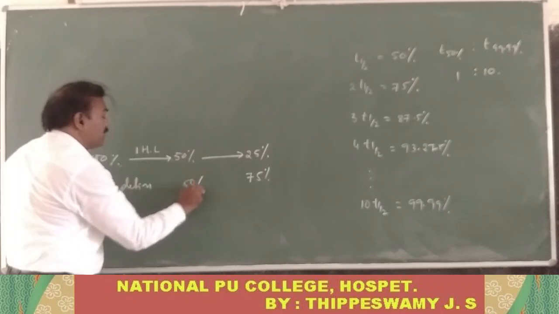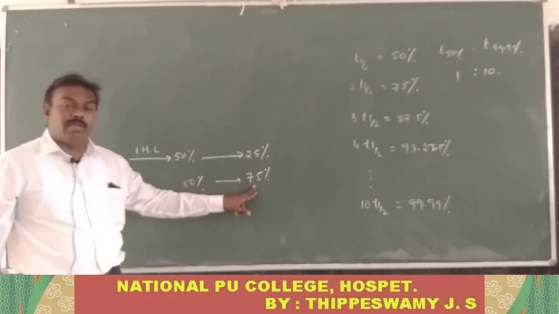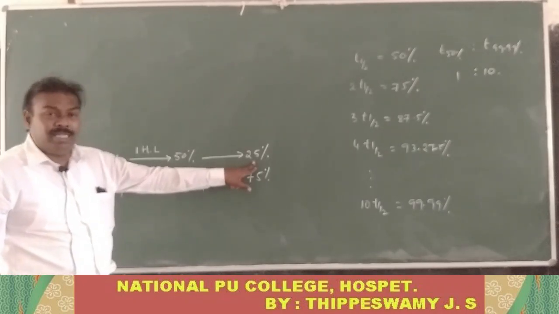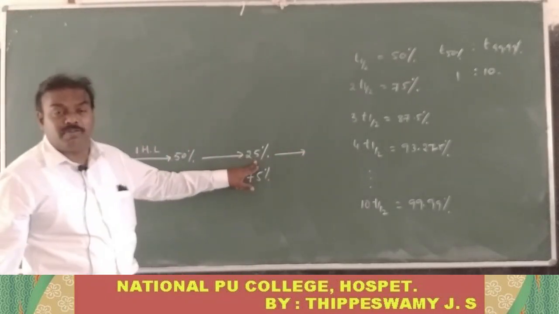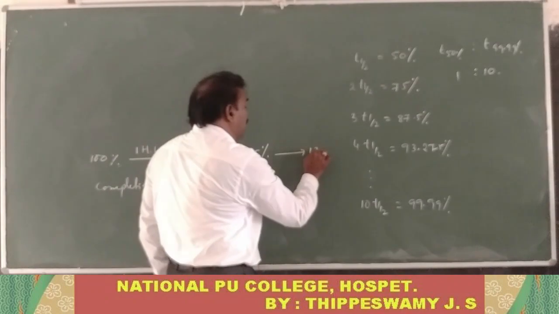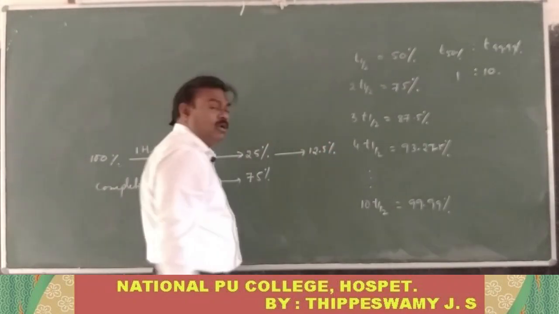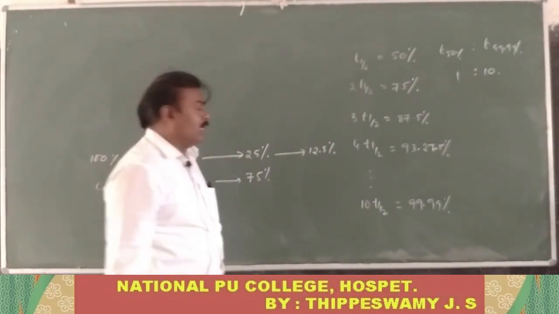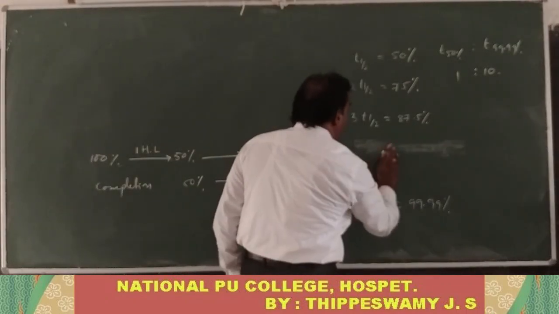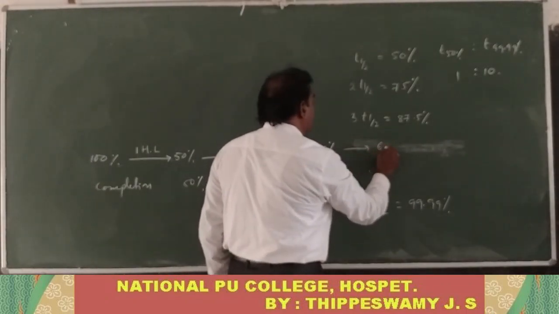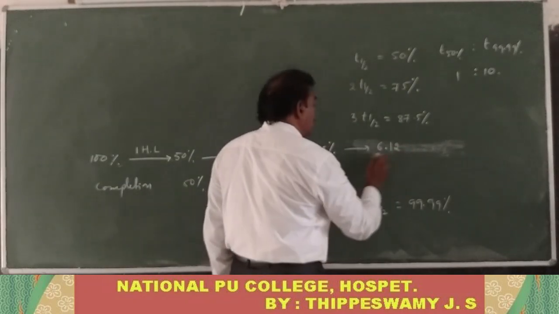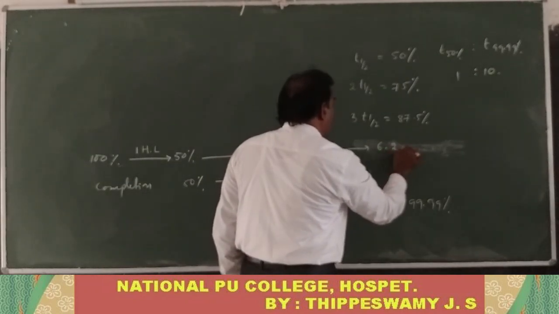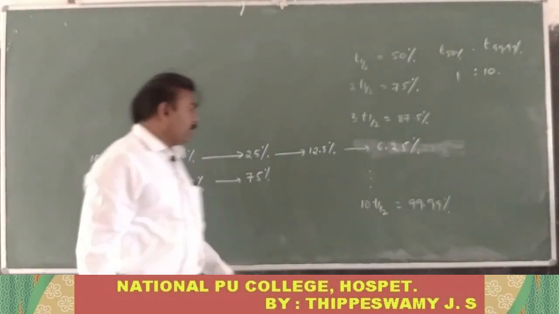Here now 50% completion, here 75% completion. 25% is remaining. Then what is 50% of 25%? That is 12.5% only. What is the 50% of this 12.5%? That is 6.25% only. Remember the point.